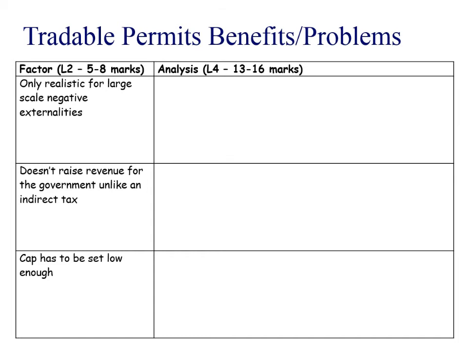We're not thinking of this as a realistic measure for reducing, say, smoking, because how would you police that? It would be really complicated, just really cumbersome. Could you imagine how easy it would be to get away with smoking more than your permits allow you to?